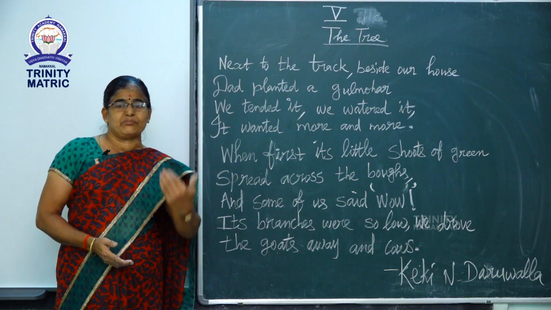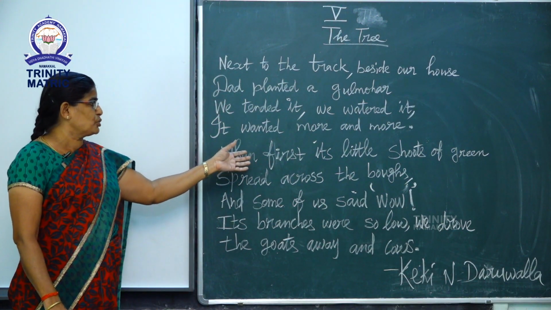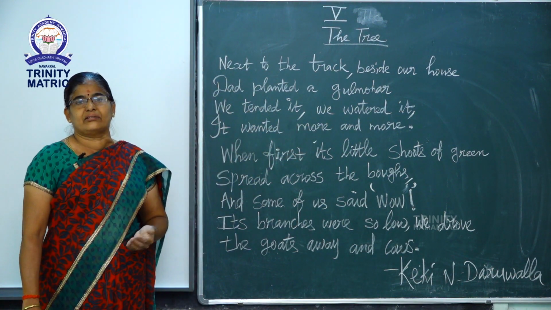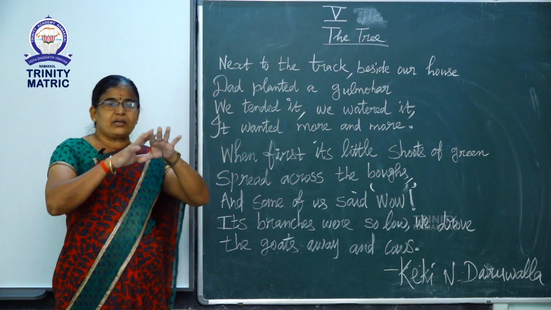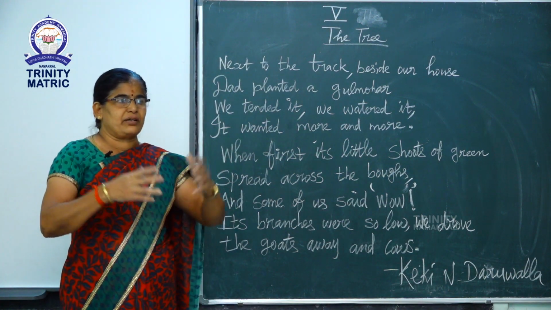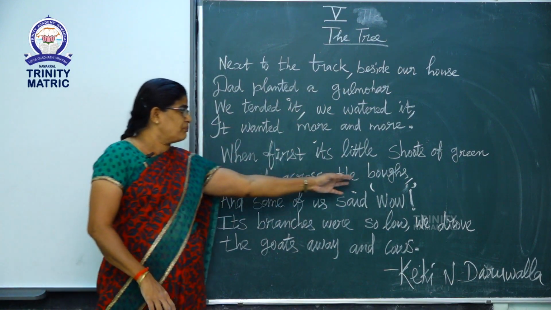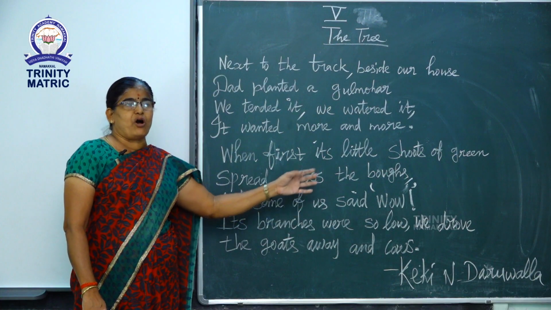From root to stem it sends water to all the parts of the plant. So first the shoot rises, then shoots with what color? Green. The stem part color is green. It spread across the bough. Bough means branches. And some of us said, wow.